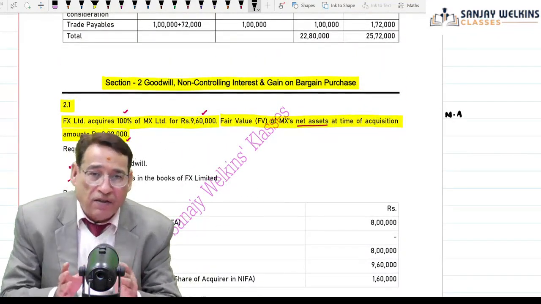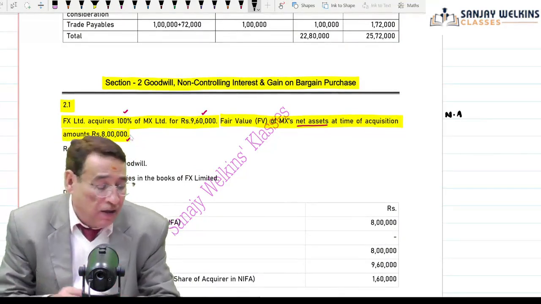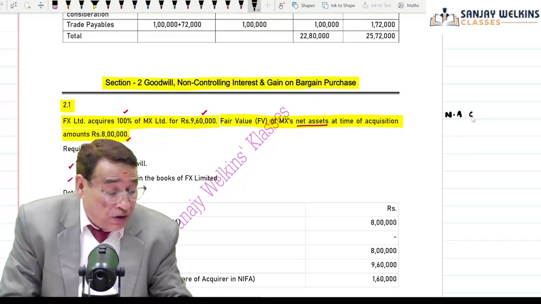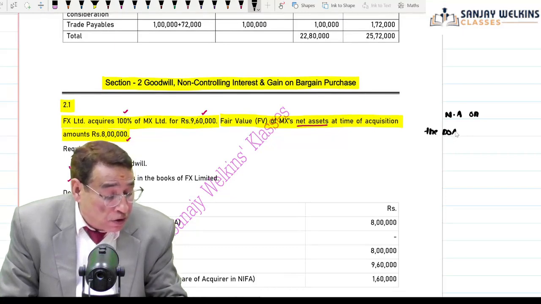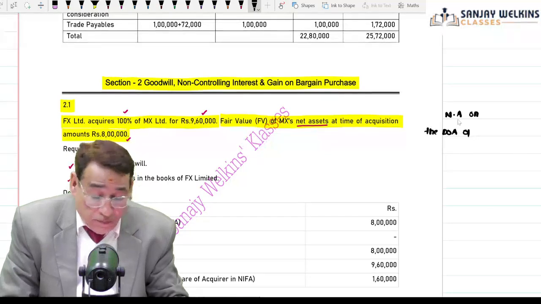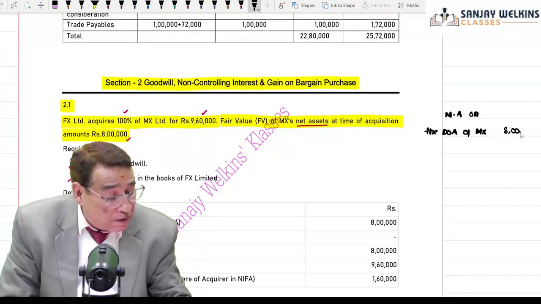Total net assets on the date of acquisition of the acquiree company, in this case MX Limited, is equal to 8 lakh, correct?